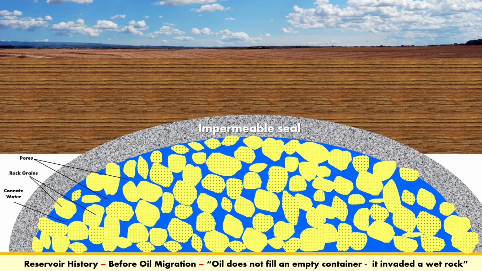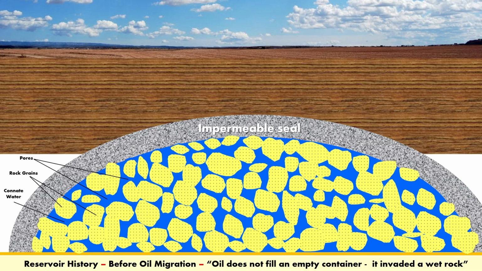You see from this cartoon view, at the time of the deposition, all the pore spaces between the rock grains were completely filled with water. The blue here represents water. In petroleum engineering, we call this water connate water or formation water.